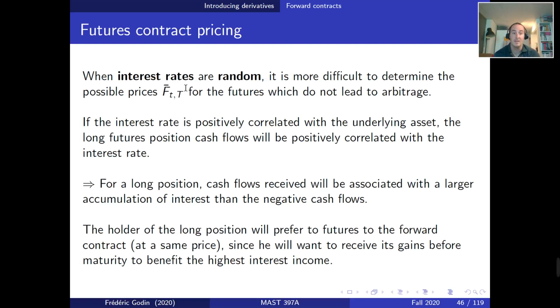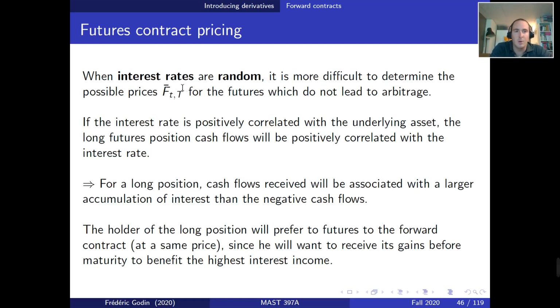If you do advanced classes in quantitative finance, there's a theory for that which is well developed, but we shall not study it in depth here. However, we'll still discuss some qualitative adjustments that would need to be made on futures prices if interest rates were random.